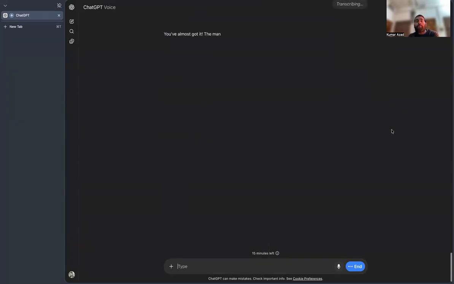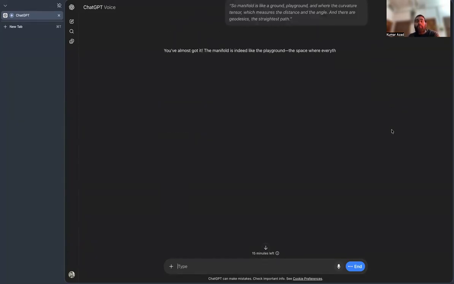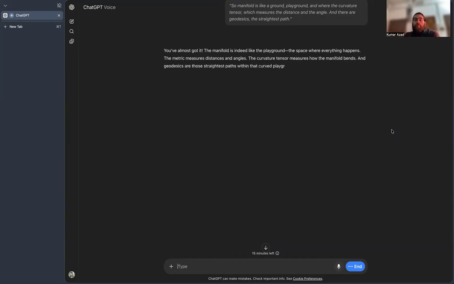You've almost got it. The manifold is indeed like the playground, the space where everything happens. The metric measures distances and angles, the curvature tensor measures how the manifold bends, and geodesics are those straightest paths within that curved playground. Altogether, these concepts let us rigorously understand geometry, whether it's a mountain, a planet's orbit, or even space-time itself.